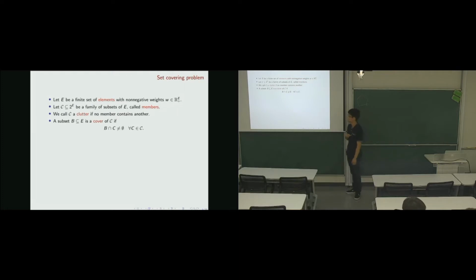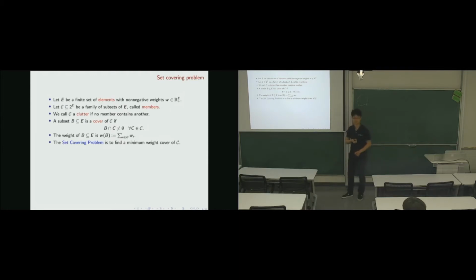I define covers. A subset B of the element set E is a cover if it intersects every subset in the family. This is sometimes called a hitting set in the computer science community. And the weight of this cover is just defined as the sum of the weights of its elements.